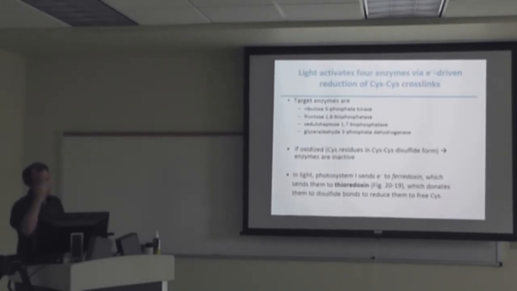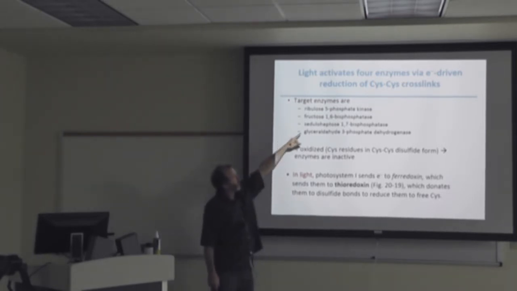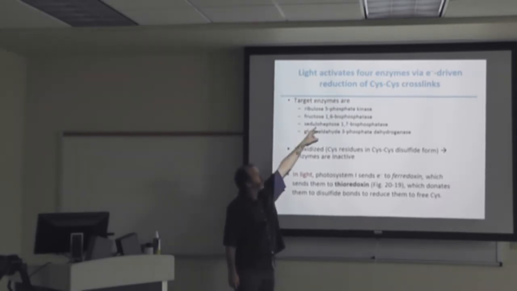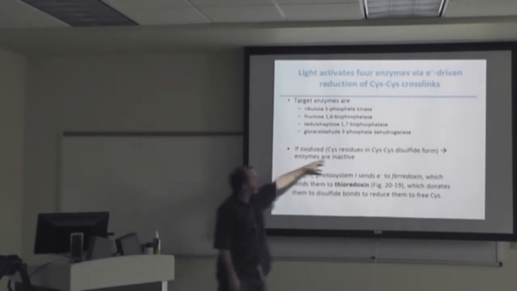Light activates 4 enzymes via electron-driven reduction of cysteine-cysteine crosslinks, remember? So the target enzymes are ribulose 5-phosphate kinase, fructose 1,6-bisphosphatase, sedoheptulose 1,7-bisphosphatase, and glyceraldehyde 3-phosphate dehydrogenase.